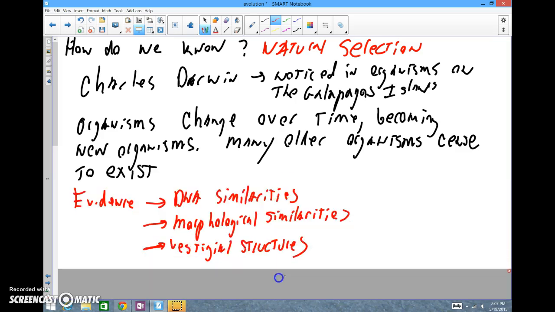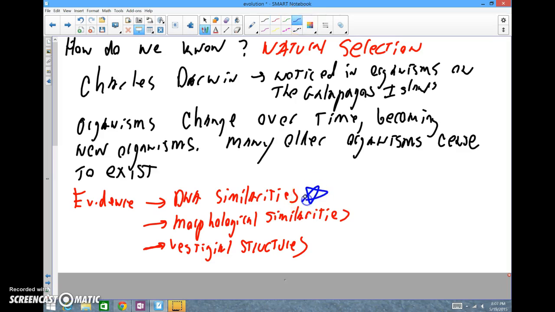So, of course, like any scientific process, we have to have evidence. And the evidence for this comes in many ways. Number one piece of evidence, and I think this is really important, is the DNA similarities. At this point in our stage in biology, the relationship between DNA is the most important.